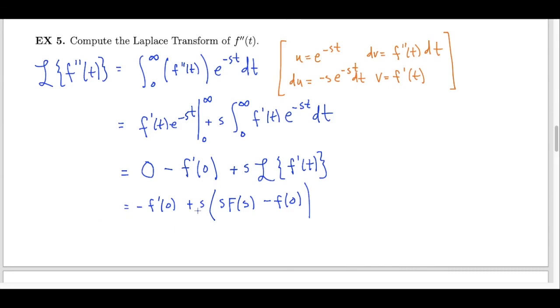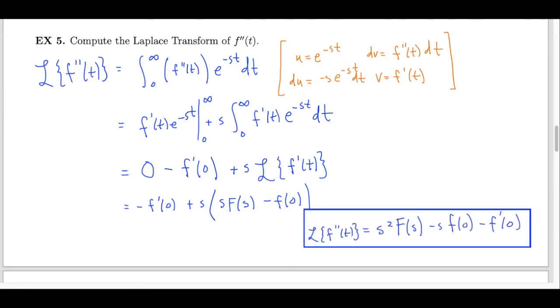I'll go ahead and rearrange terms a little bit. I like to put them in order of powers of s, so I will rewrite it like this. The Laplace transform of f double prime equals s squared capital F of s minus s times f of 0 minus f prime of 0. Once again, these f of 0 and f prime of 0 terms will turn out to be initial conditions in the context of a differential equation.